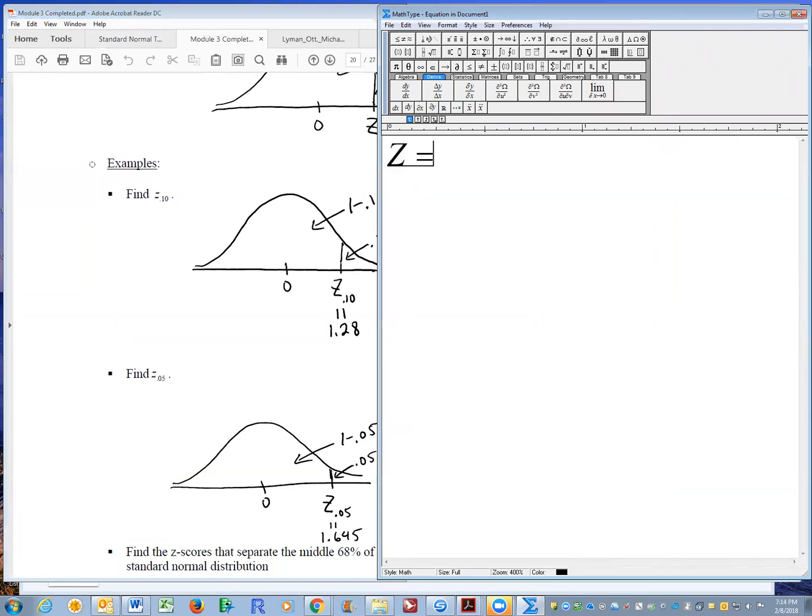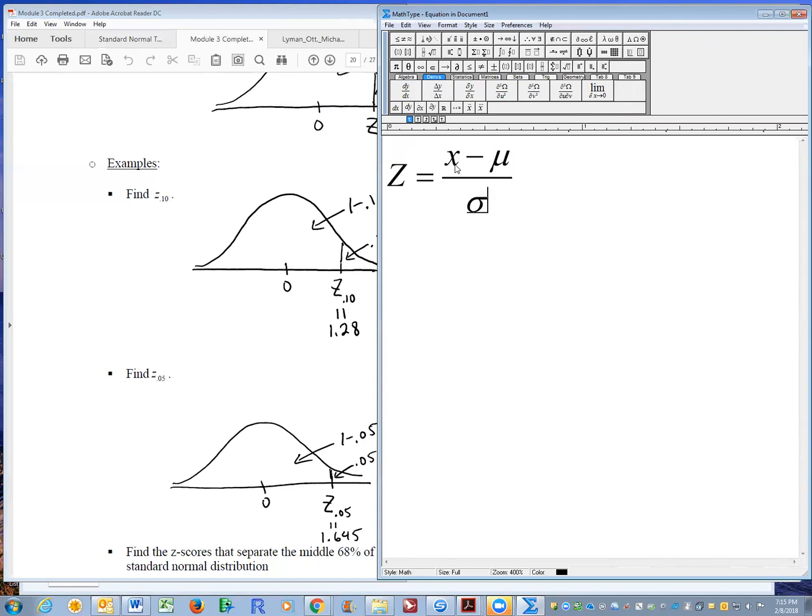So using this relationship, z equals x minus mu over sigma. That's probably the problem you're referring to.